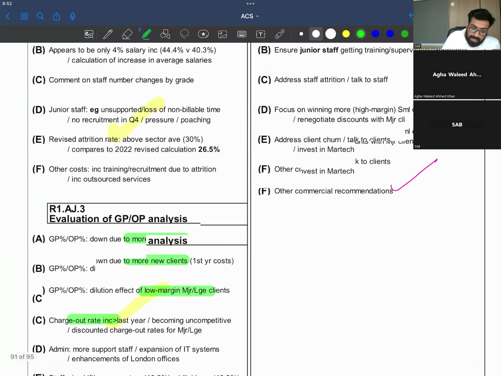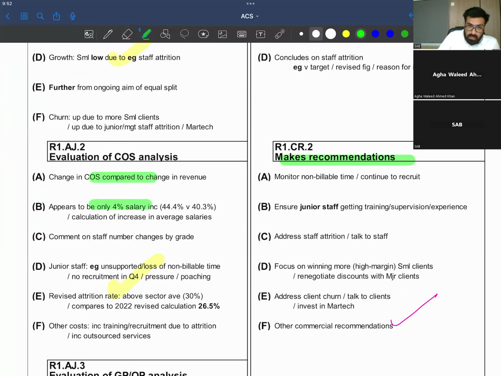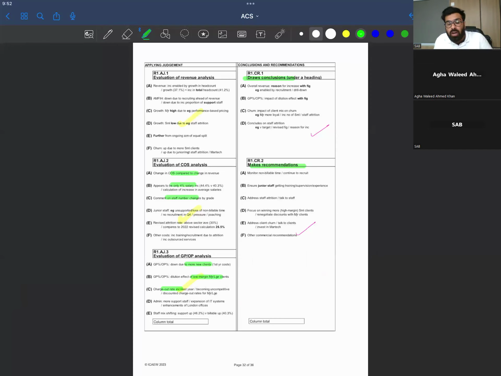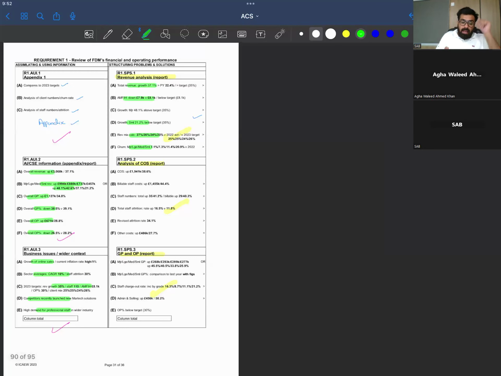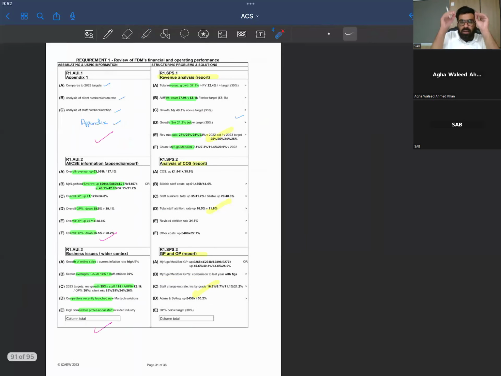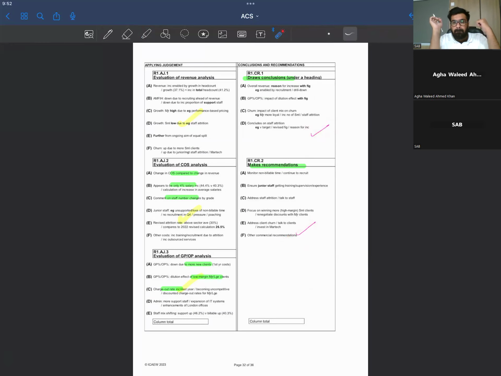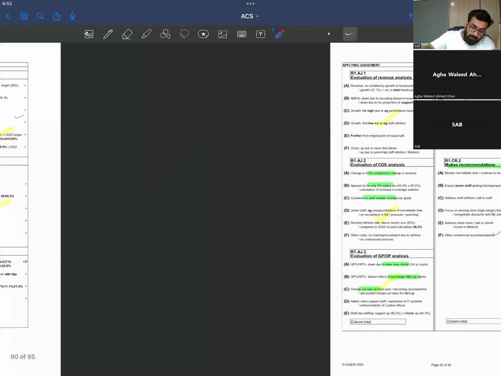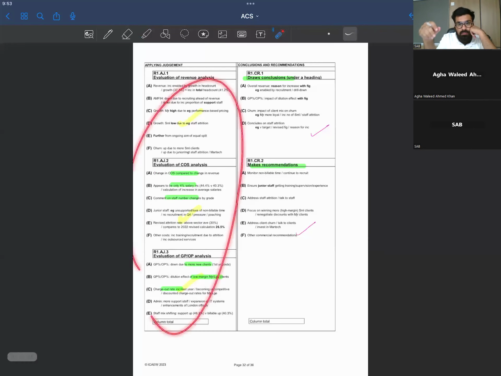Similarly, the charge in COS appears to be only 4%. Comment on staff numbers. You have to make sure you make these points, right? The boxes with the pink tick are easy and have always been predicted and always been written. These 6 boxes, you have to make sure you are talking about.